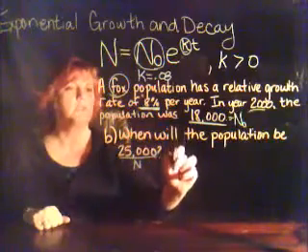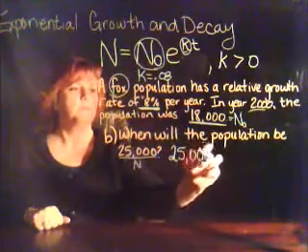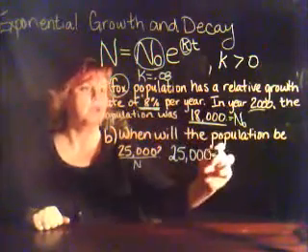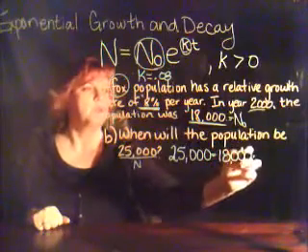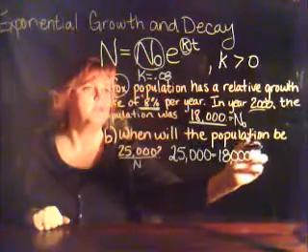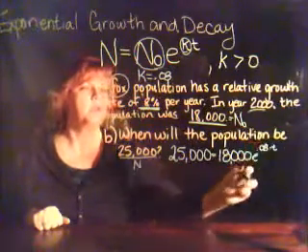So I'm going to set this up as 2,500 is equal to, and I still have the same initial population, times e, and I still have the growth rate being the same, and I'm multiplying this by t.